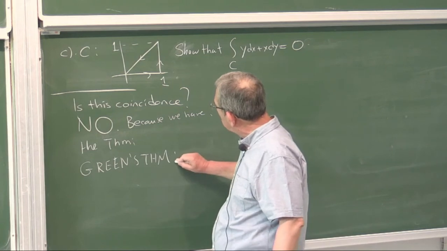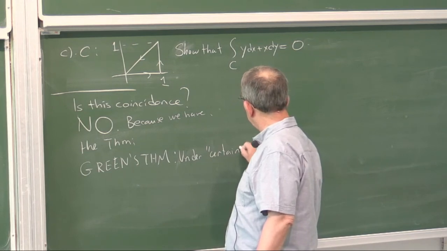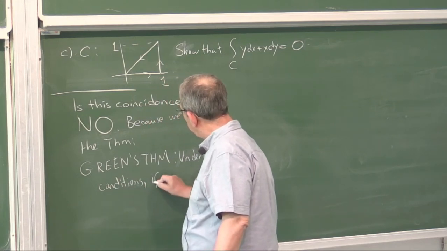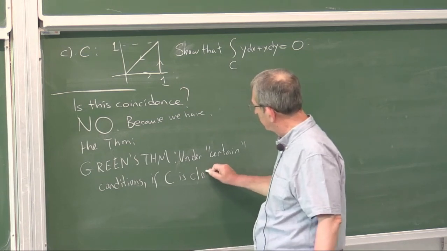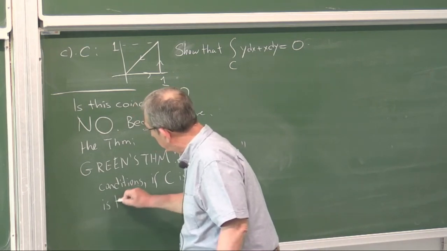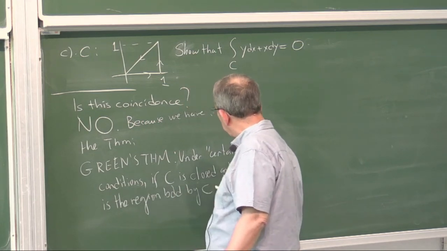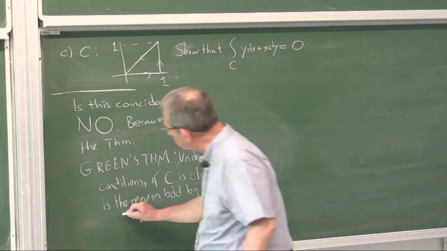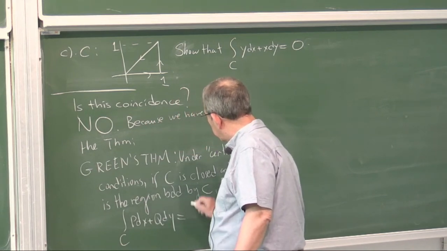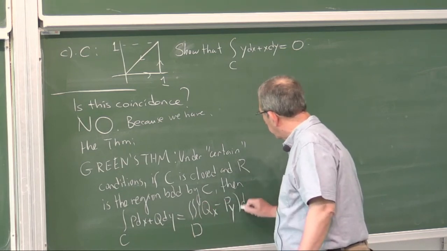It says that under certain conditions, if C is closed and R is the region bounded by C, then the integral over C is the same as the double integral of q sub x minus p sub y dA.